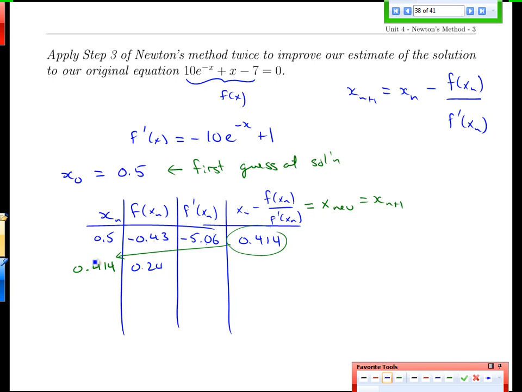I'm going to plug the 0.414 into our function, plug the 0.414 into our derivative, and then plug all three of these numbers into this formula here. And when we do that, we get a number like 0.4183. That becomes, again, our new guess.